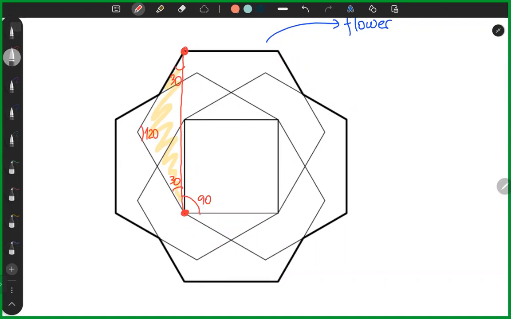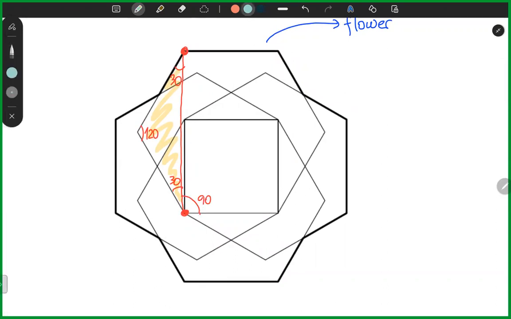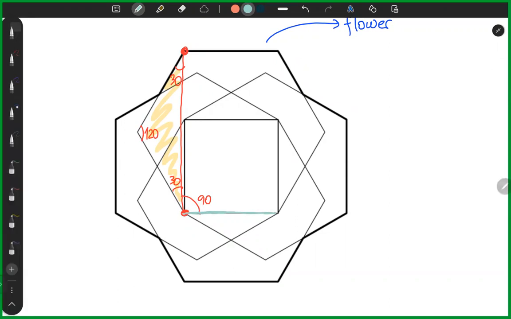But the red line makes a 90-degree angle with the horizontal side of the square, and so does the other side of the square. That means this red line and one side of the square should overlap. In other words, if I extend the side of the square, it has to pass through this red point here.